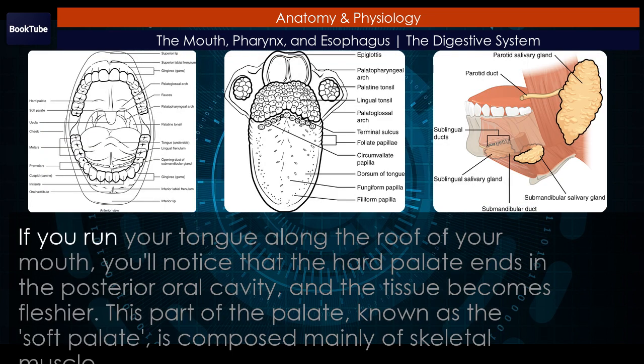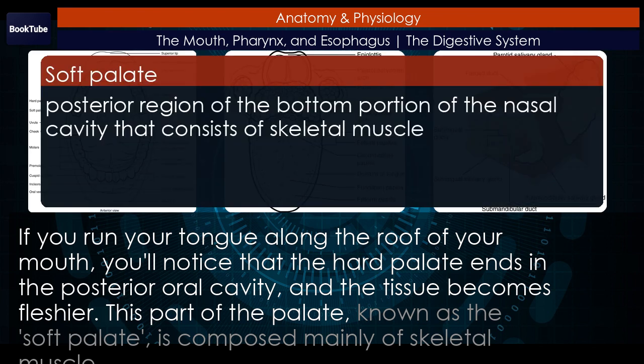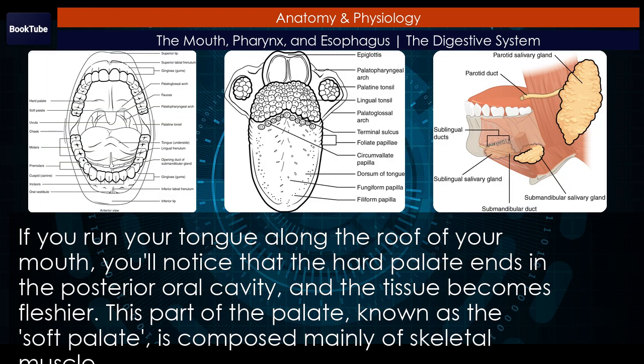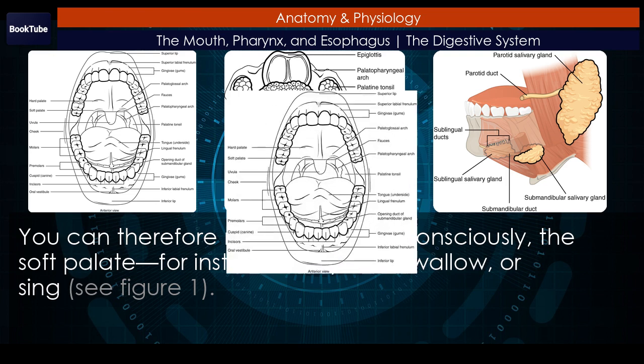If you run your tongue along the roof of your mouth, you'll notice that the hard palate ends in the posterior oral cavity, and the tissue becomes fleshier. This part of the palate, known as the soft palate, is composed mainly of skeletal muscle. You can therefore manipulate, subconsciously, the soft palate, for instance, to yawn, swallow, or sing.